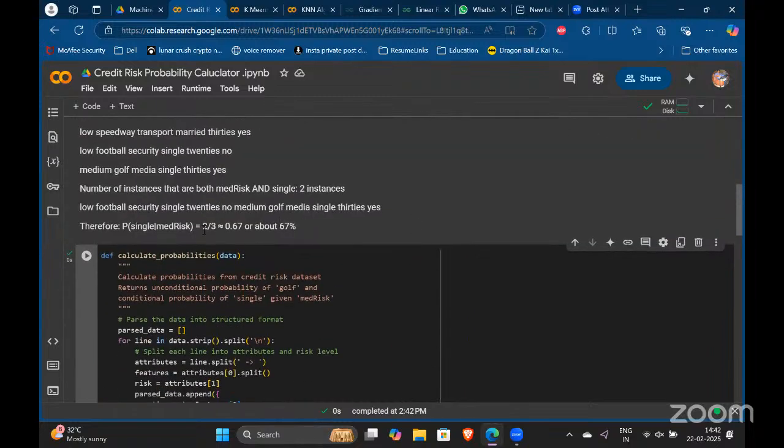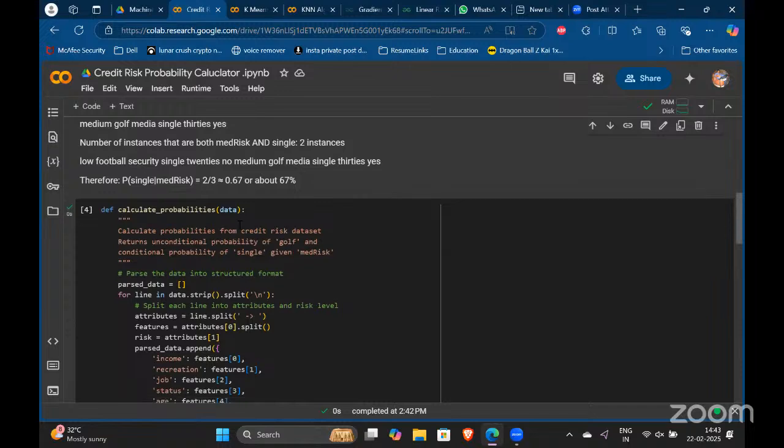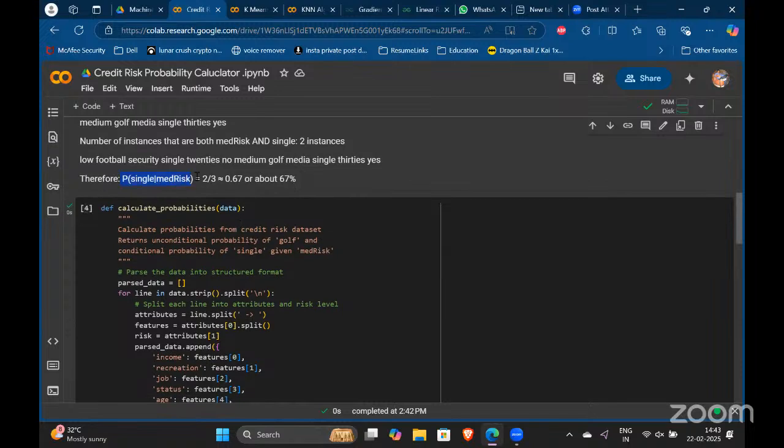We have two scenarios where we have both single and mid-risk, which is A intersection B, and the unconditional probability of the mid-risk value is 3. So 2 by 3 equals 0.67, which is 67%. So this is what we were asked to calculate. Here you can see we have applied Bayes theorem and also the unconditional probability.